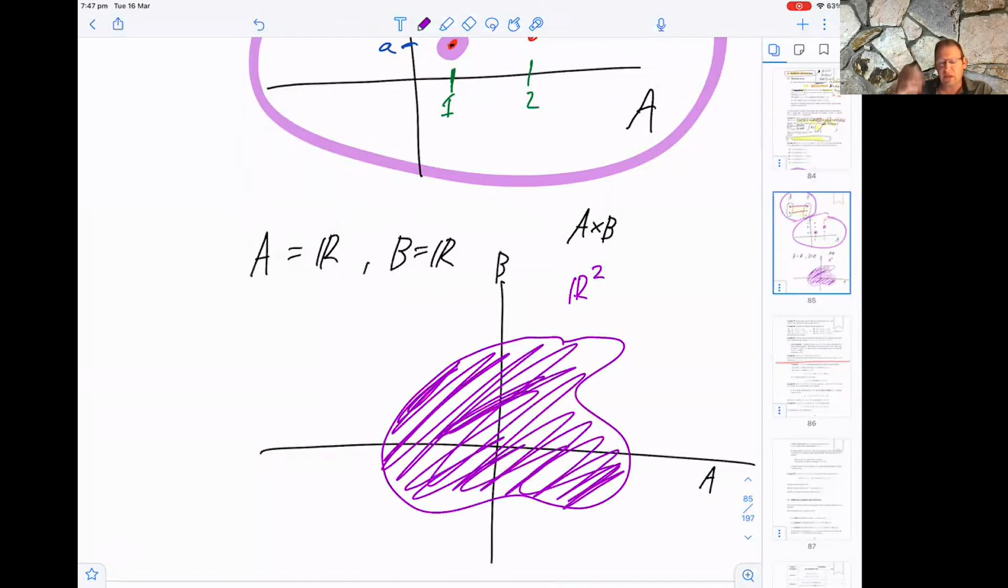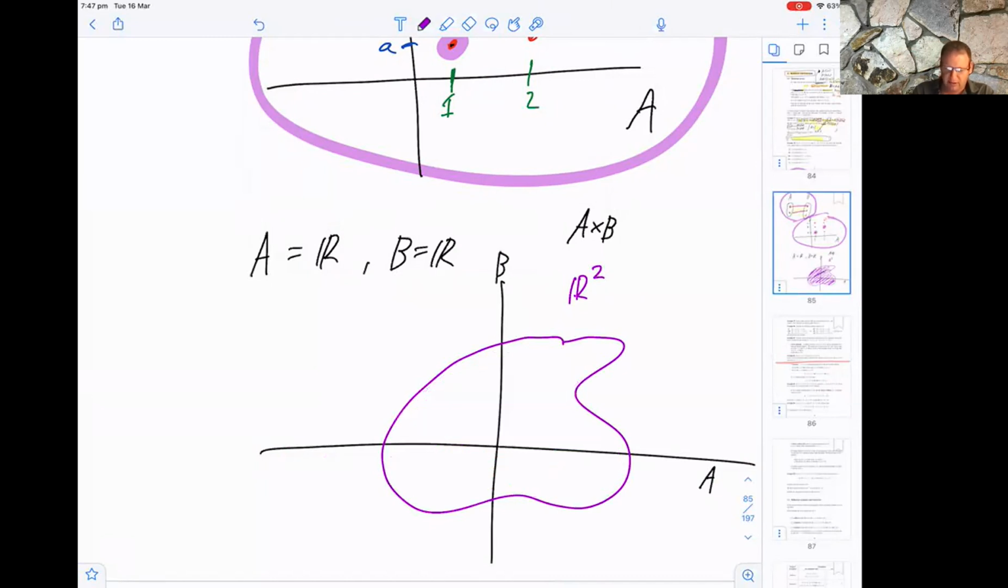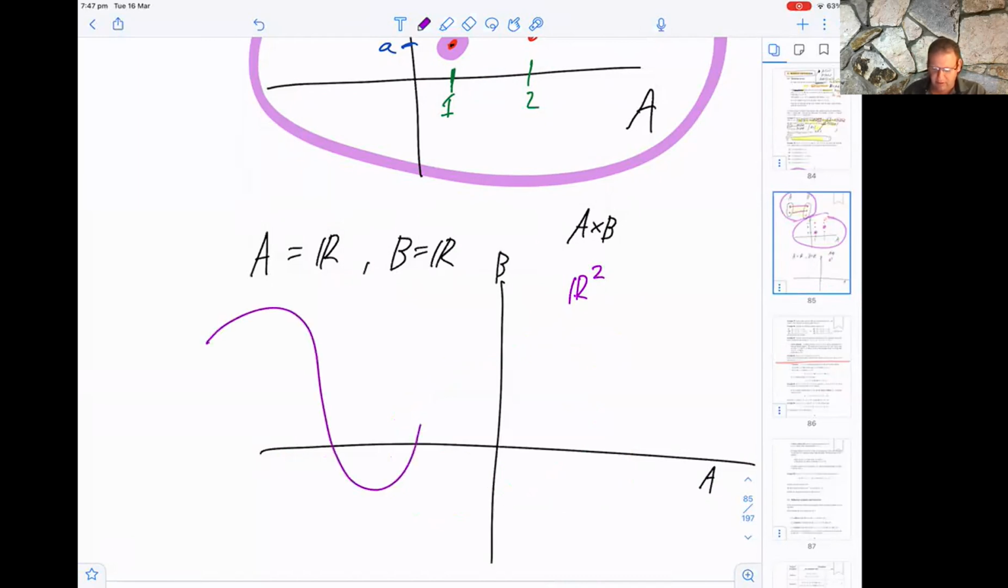So the way you would think of a function visually, and you'll see that the way we're going to define it from a set theoretic sense is going to agree with that. A function, you maybe would say, oh, this is like a function, right? Now, this function, you could think of it also as a relation if you'd like, because it's a subset of R squared.